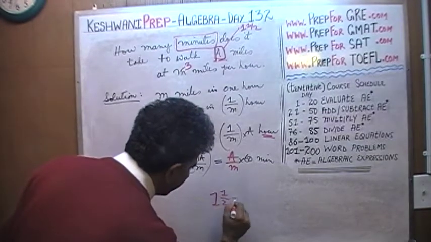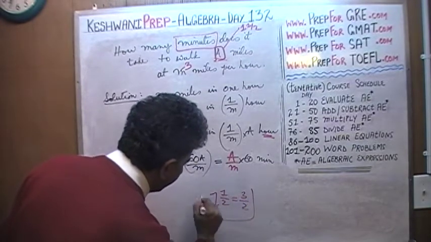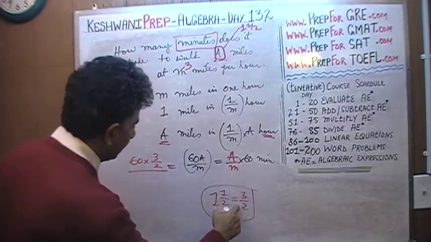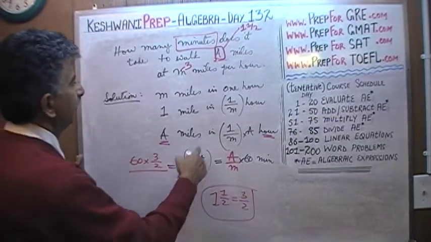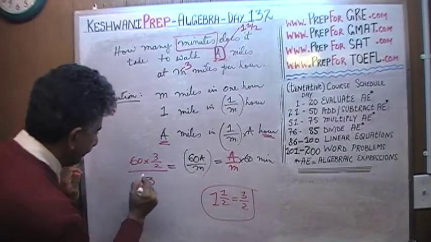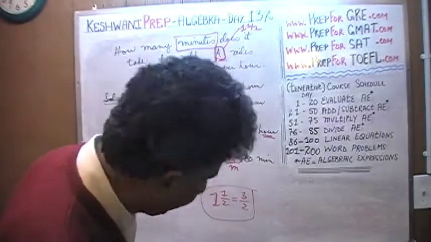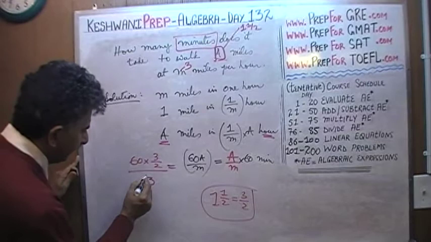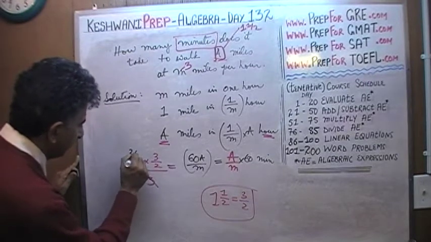I don't need to do this part that I'm doing right now. Instead of writing 1.5, I wrote 3 over 2, over m, which is 3. Watch what happens. This 3 is immediately going to cancel out with this 60, making it 20.